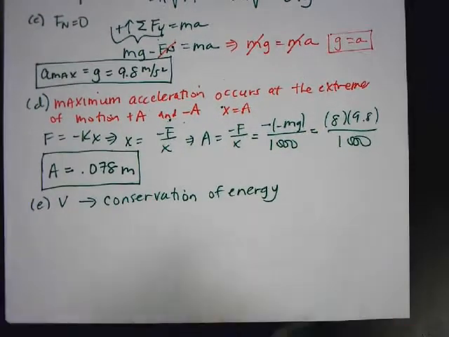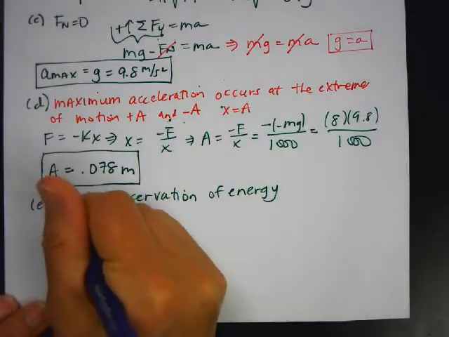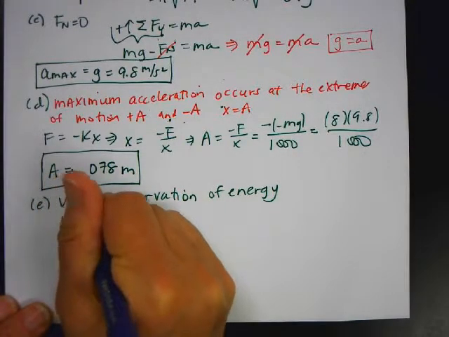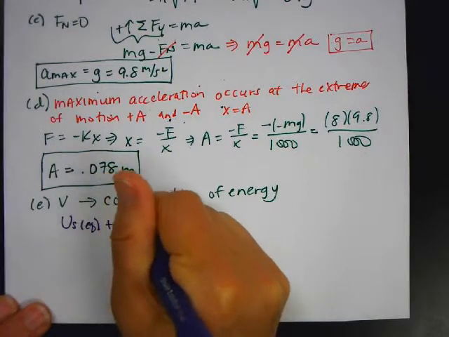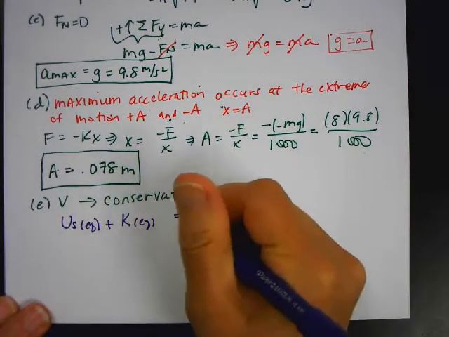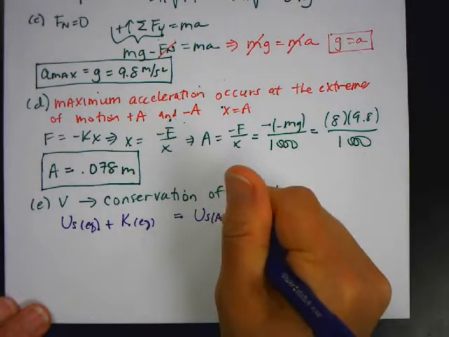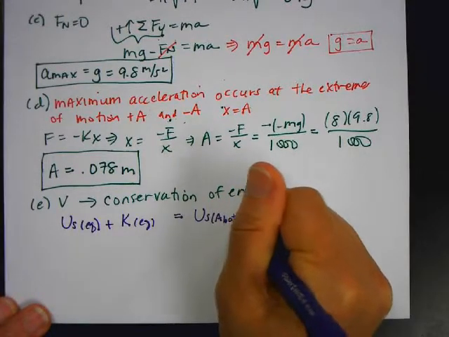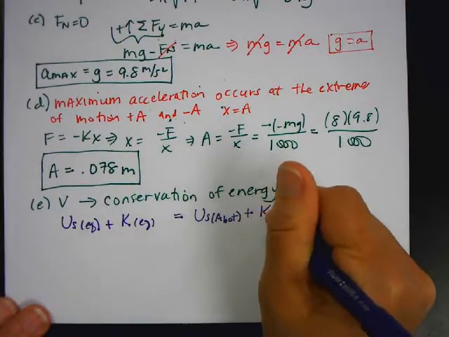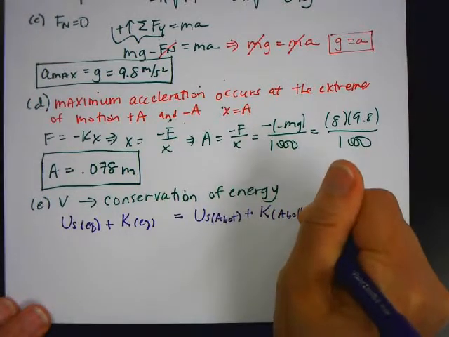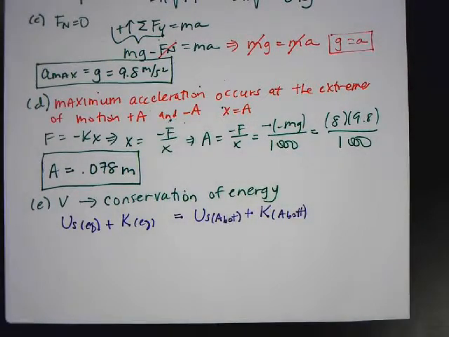When I do conservation of energy, the potential energy at equilibrium plus the kinetic energy at equilibrium is equal to the potential energy at the maximum displacement, which would be A at the bottom, plus the kinetic energy at the amplitude at the bottom. You don't have to use subscripts, you're just saying these are the 2 points.